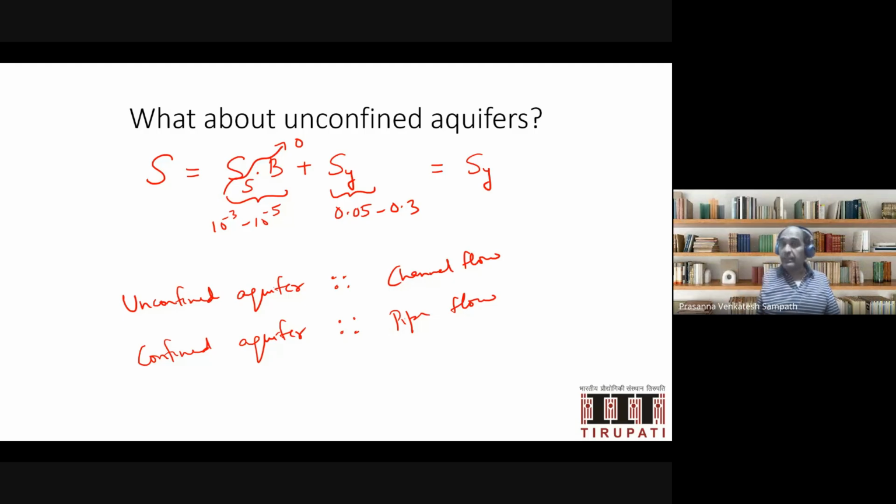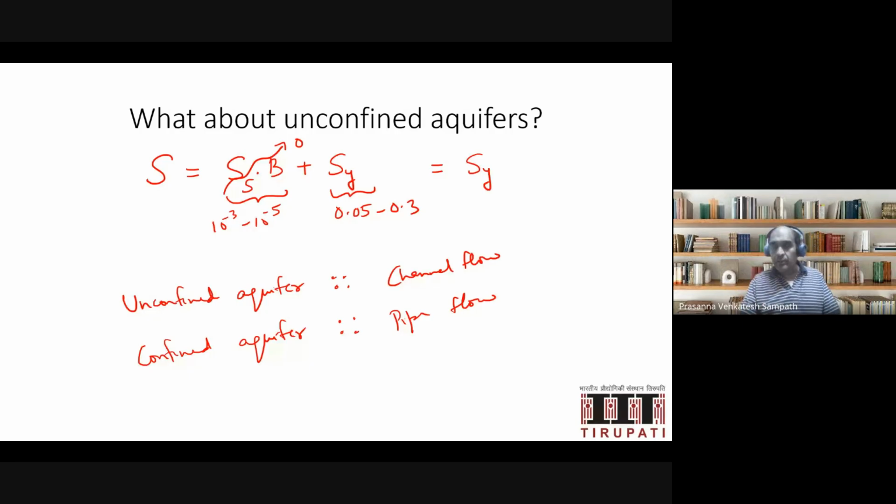So like I said, in a pipe flow, if I make a hole in the pipe which starts to drain water, immediately the pressure in the entire system drops. The entire pipe drops, even if the pipe is hundreds of meters long or maybe even a kilometer long. The pressure in the entire pipe propagates so rapidly.